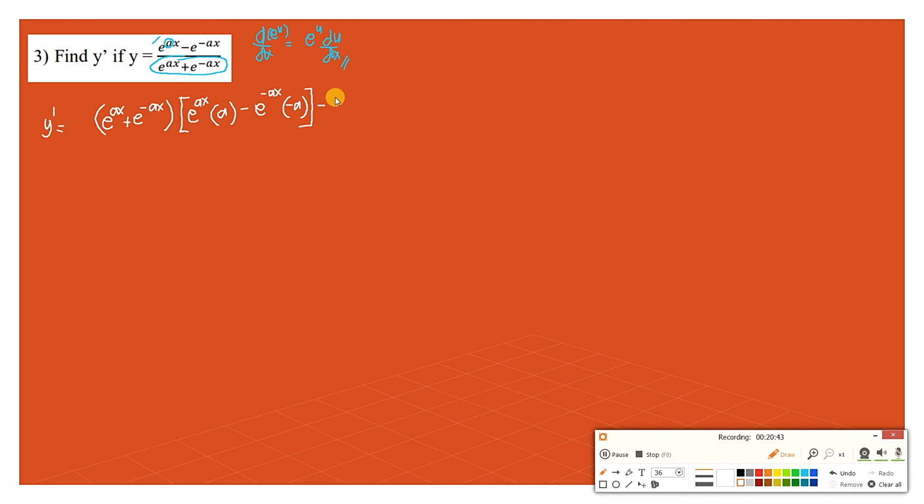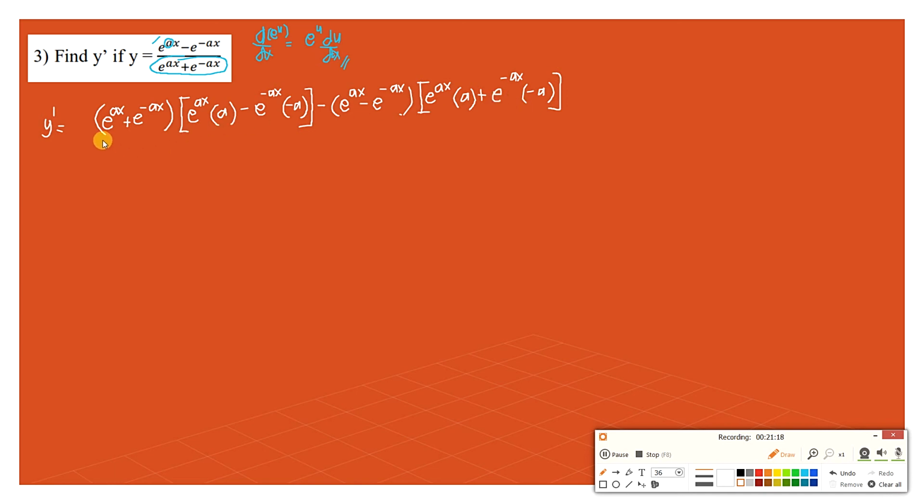Minus u dv. So, kopyahin si numerator times derivative naman ng denominator. So, ganun din. Exponential rule. So, we have e raised to ax, times derivative ng a raised to x is a, plus e raised to negative ax, times derivative ni negative ax is negative a.